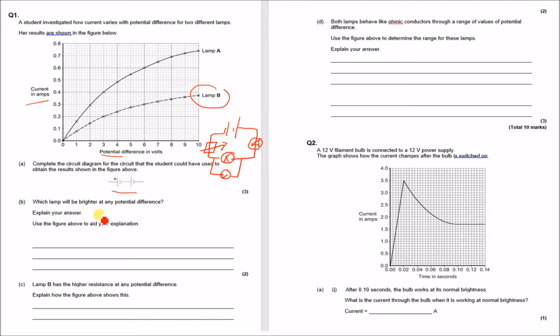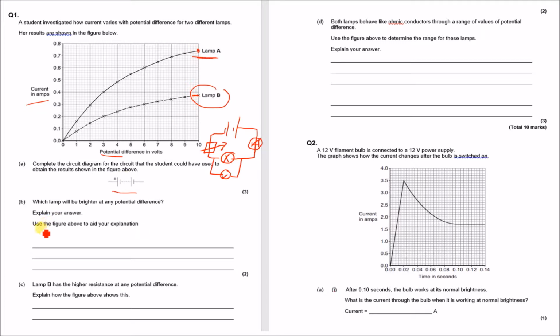Now it says, which lamp will be brighter at any potential difference? Explain your answer using the figure above to aid the explanation. Well, lamp A is going to be brighter, and if you look here at the same voltage of 10 volts, you've got a current here of just above 0.3 amps, and this one here is about 0.75 amps.